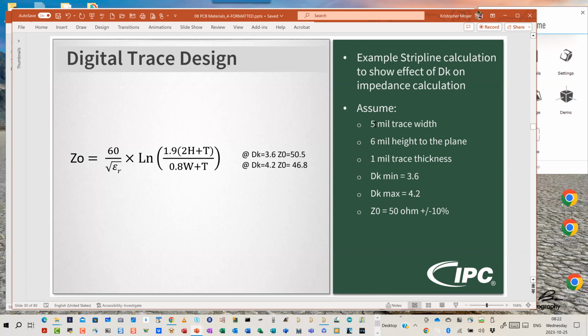So typically the fabricators have a plus or minus 20% on the width of the trace itself.